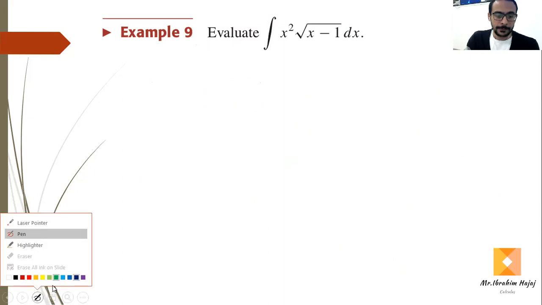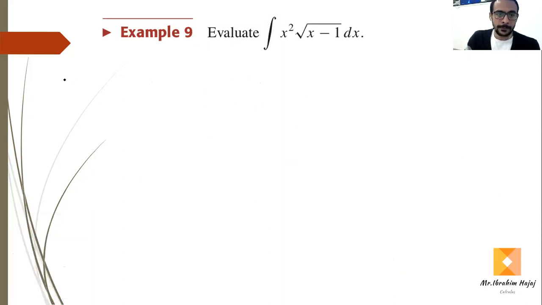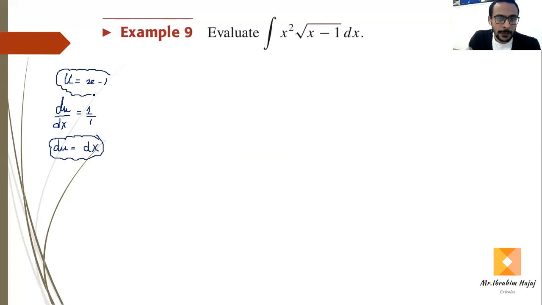First of all, take u as x minus 1, what is inside the square root. du over dx is equal to 1, so du equals dx. So the integral of x squared root u du, the dx is du.